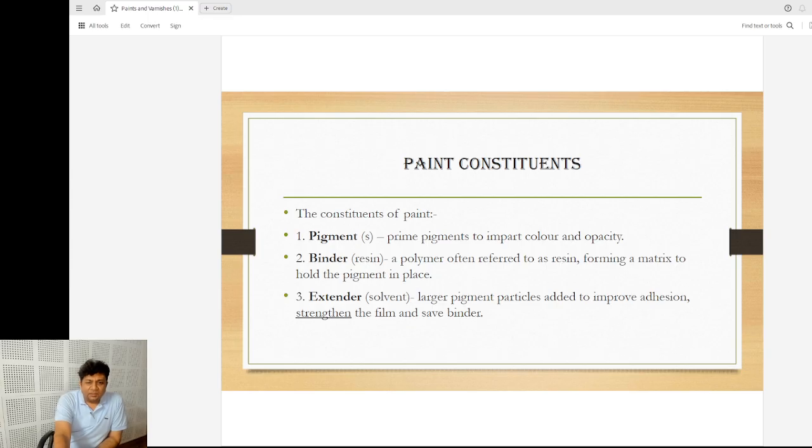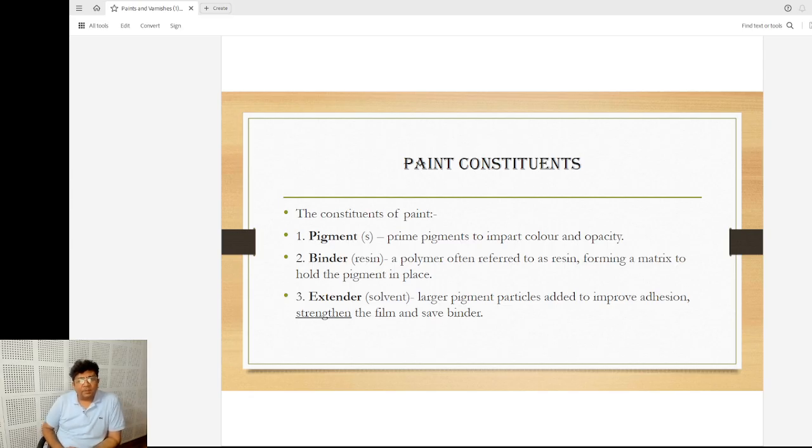So let us now go to the main constituents of the paint. Paint consists of solvents, pigment, and binder. Pigment gives different shades to the wall surface or the wooden surface.